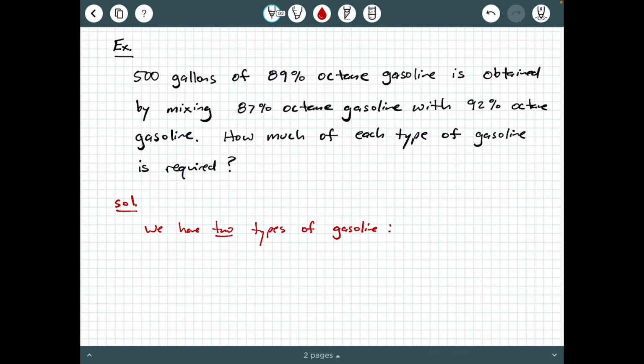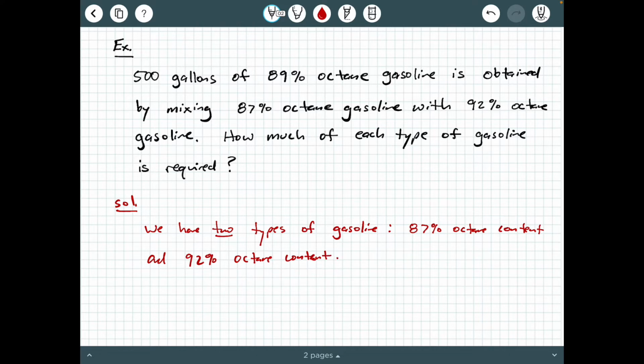These two types are going to be, let's say, 87% octane content and 92% octane content.